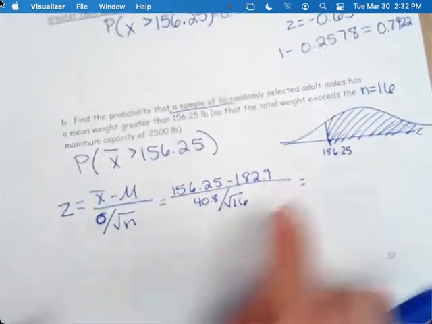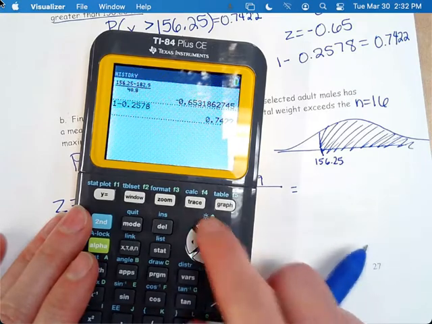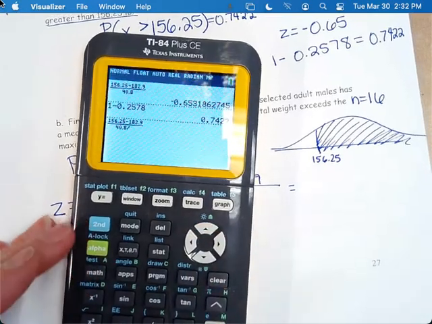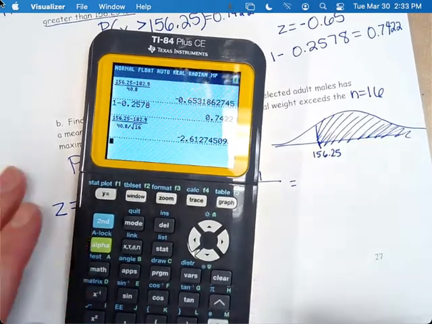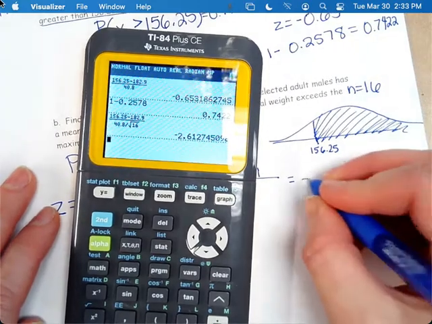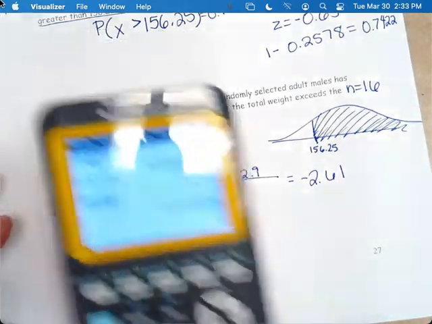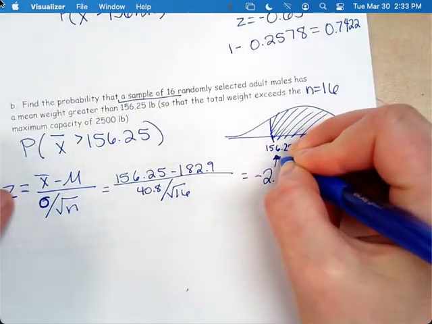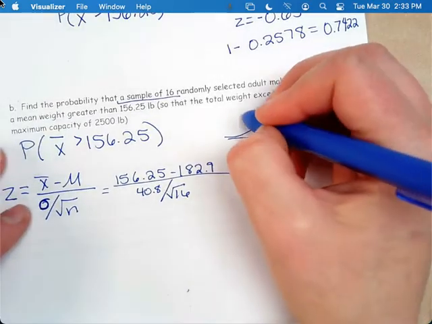Okay, so whenever we do this, it's very similar to what I had. So I can go back up here and just change it, divided by square root of 16. So negative 2.61 is my z-score. So that's what this is. So I can use the table to find this area.